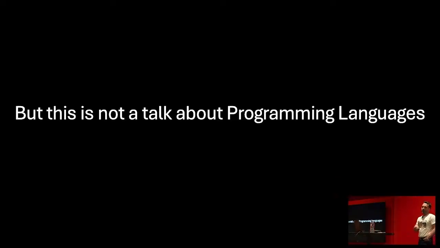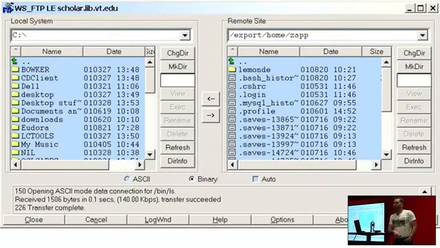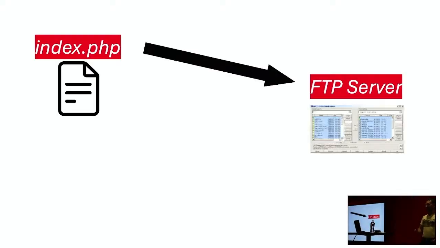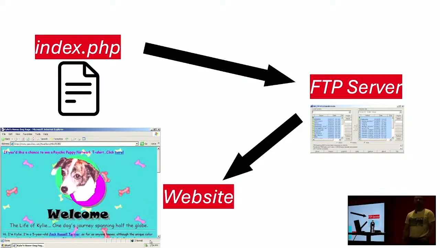The reason I mentioned PHP is a program that looked like this back in the day. And this is actually an FTP program. And the way it worked is you took one file, your index.php, you put it to an FTP server using that ancient program, and then, poof, you got a website.